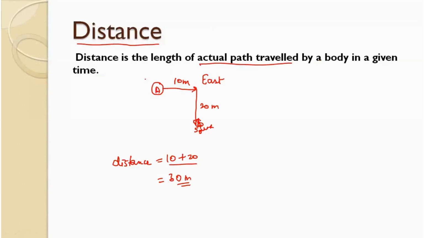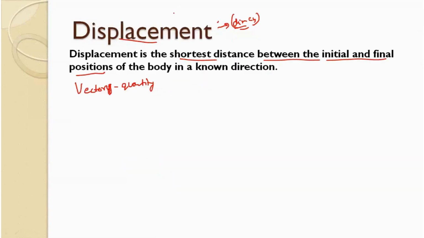And distance is a scalar quantity. We know that scalar has only magnitude and vector has magnitude as well as direction. So distance has only magnitude and no direction. But displacement is a vector quantity, so we also have to specify direction.